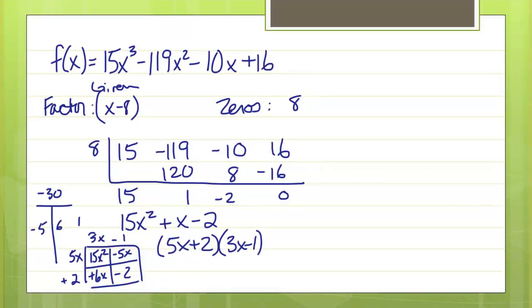So if the question was factor, then the answers would be 5x plus 2 and 3x minus 1. If the question was find the zeros, then I would have to set those two little guys equal to 0.